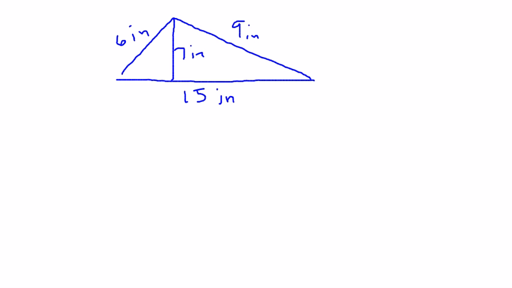Let's first figure out the area of this triangle. Area equals base times height divided by 2. What is the base of this triangle? Well, the base of this triangle is 15 inches.